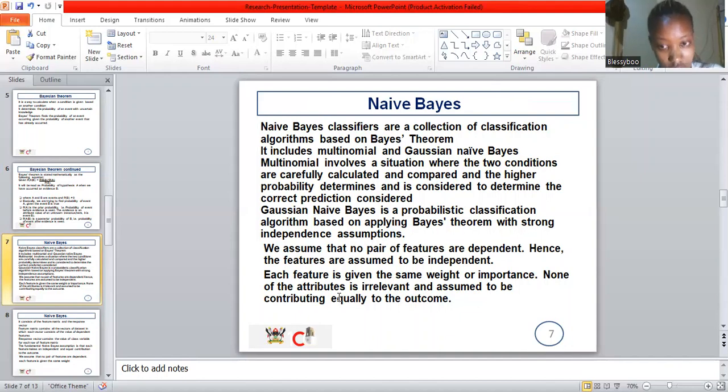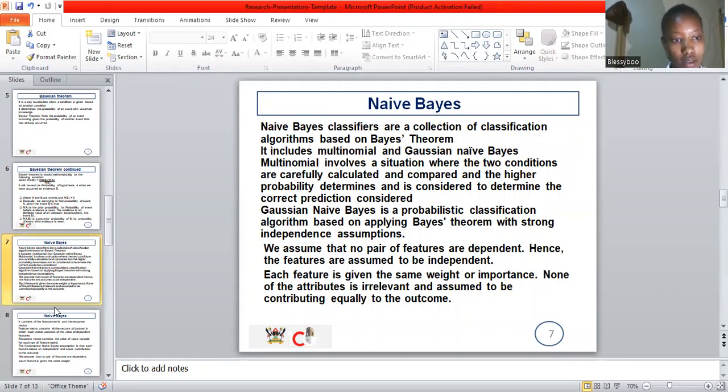Each feature is given the same weight or importance. For example, right here, the description might seem to have more weight since it includes the color, the brand and then the name. We will actually make sure to give each of these the same weight or importance.